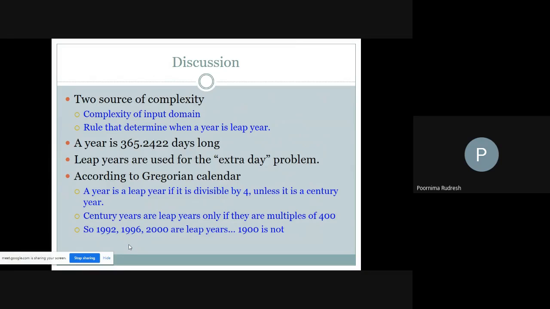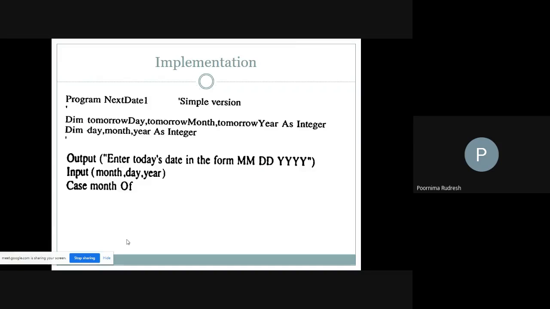Because it is not a multiple of 400. But the remaining years, 1992, 1996, 2000, etc., are leap years. If it is a leap year, then the February month will consist of 29 days, or else it will consist of only 28 days. So next we'll see the simple pseudocode for the next date implementation.